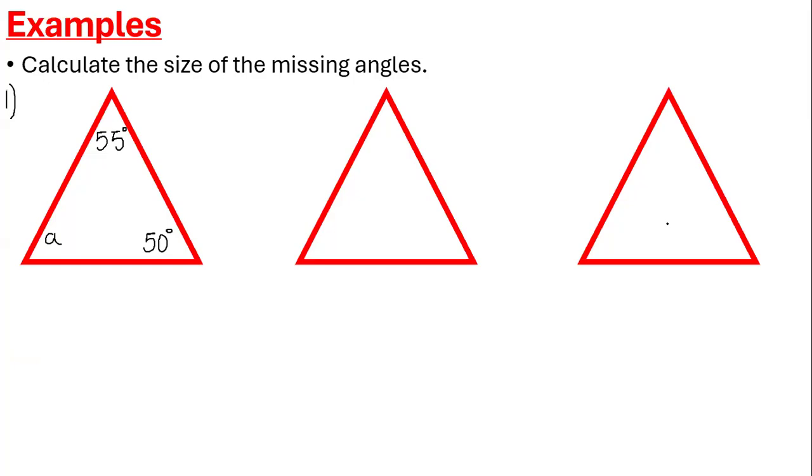Yes, sir. Okay. He's not wrong. Anyone else want to try? So I got 75. You got 75 as your final answer. How did you get that? Add them up and subtract them from 180.